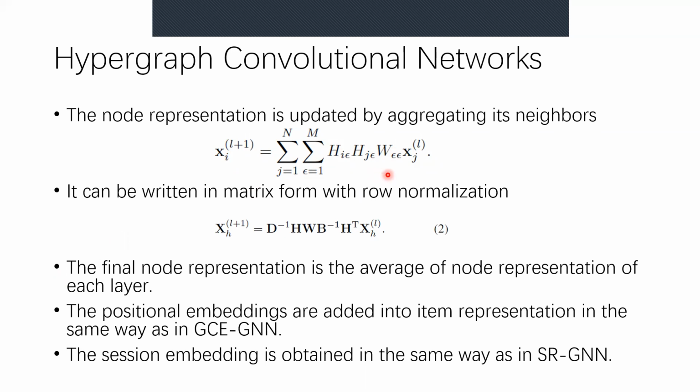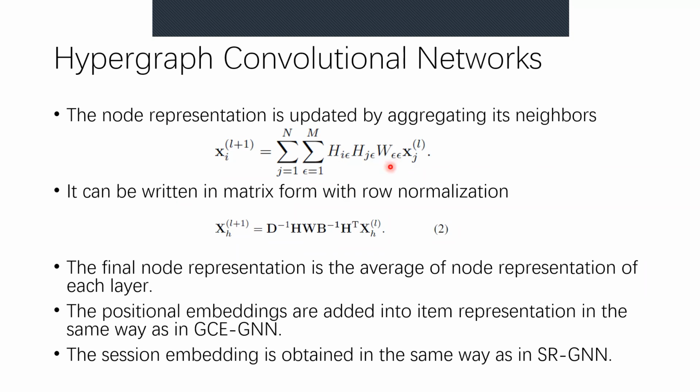Yeah, and it doesn't have any non-linearity. I remember it's especially mentioned in the paper that they don't use any non-linear function, they just do this aggregation. So let's understand this equation.